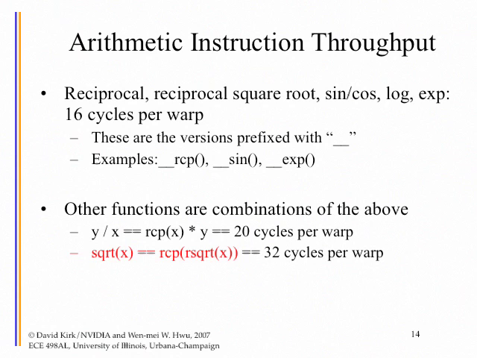Okay, so for example, if you want to have y divided by x, there's no division directly implemented in this machine, just like the Cray machines. Seymour Cray does not like to implement division. If you want to do a division on a Cray machine, you do a reciprocal and then you do a multiplication.